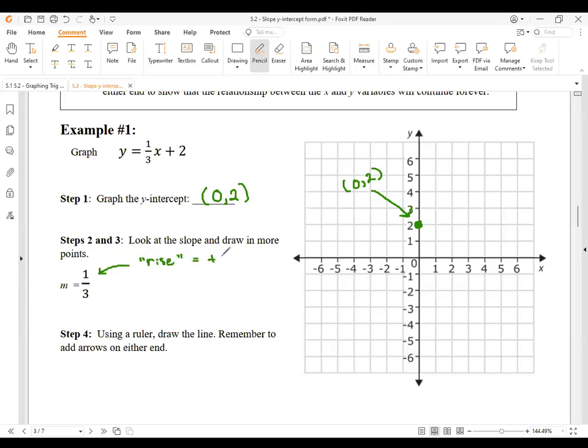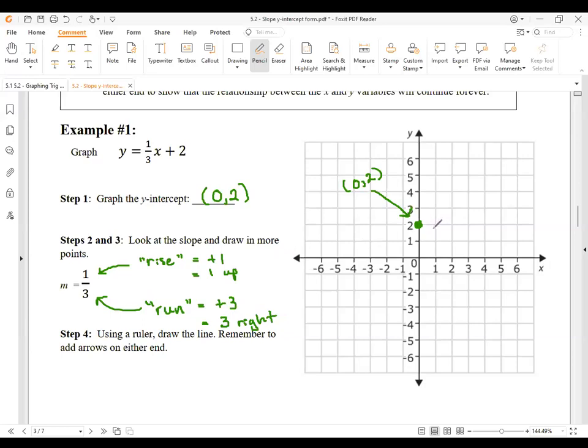And since that is positive 1, it means 1 up. That means, somebody else? 3 to the side. We're going to call that a run. That is a positive 3. That means it's 3 to the right. Okay, so not just side, be a little bit more specific.